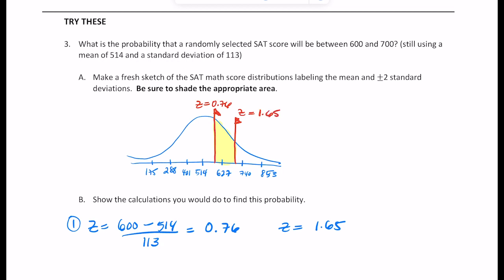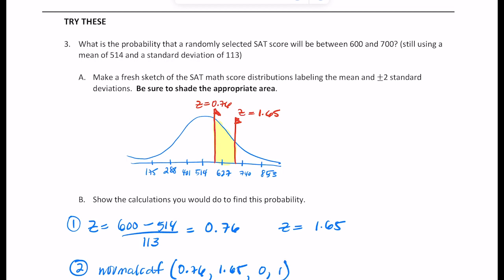Okay. So step number 2 now is to calculate using normal CDF. Okay, so my lower bound is going to be the 0.76. My upper bound is 1.65. And then the mean is 0 and the standard deviation is 1.